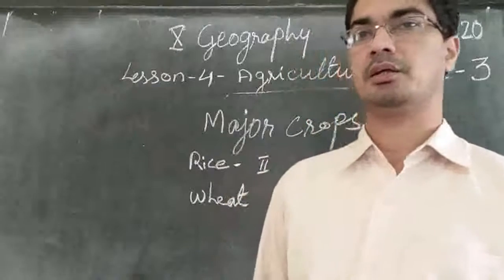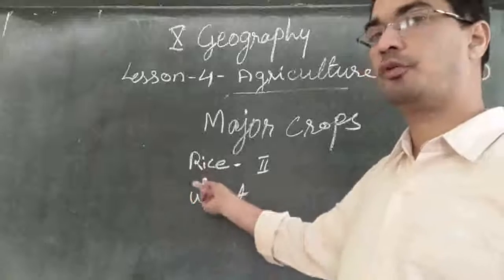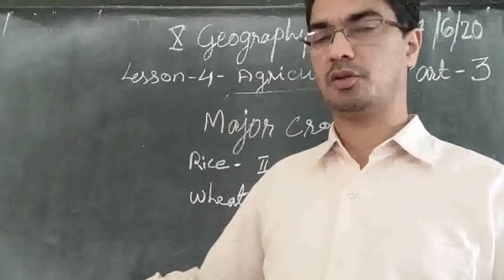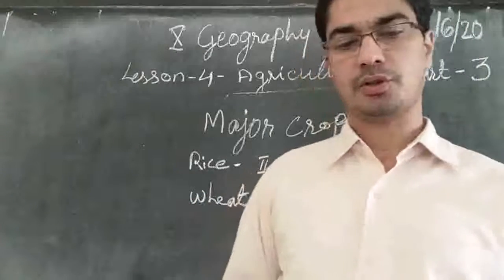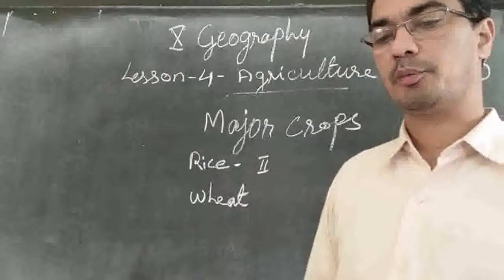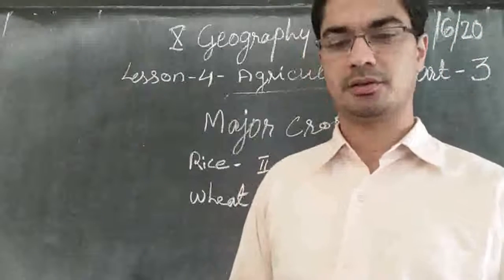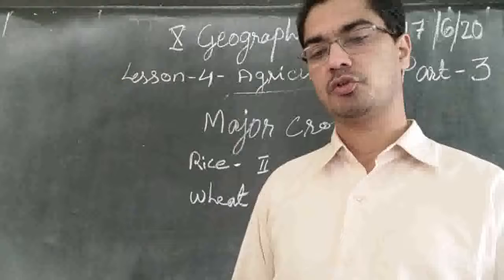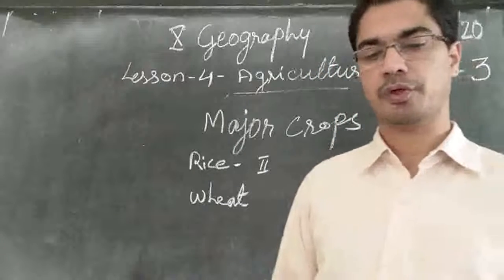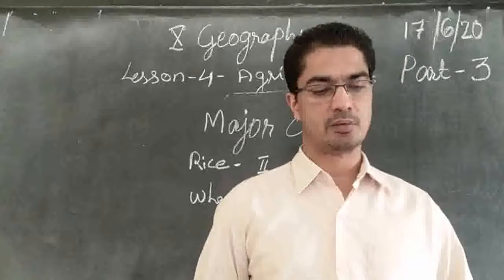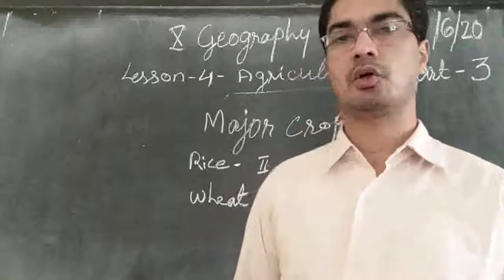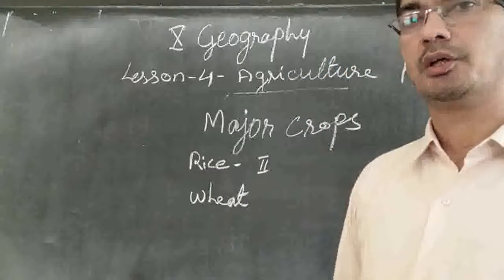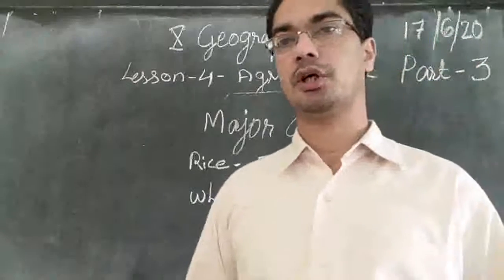So we said earlier, rice is a staple food of most parts of India, but not throughout India. In the northern part of India, the people like to eat wheat. They don't like rice, so for them the main food is wheat. Which are the areas where people like wheat? The north and the northwestern part of our country. The people living there enjoy wheat.